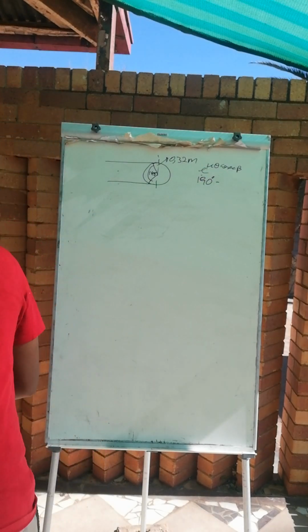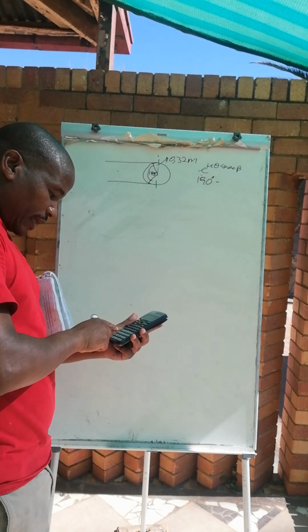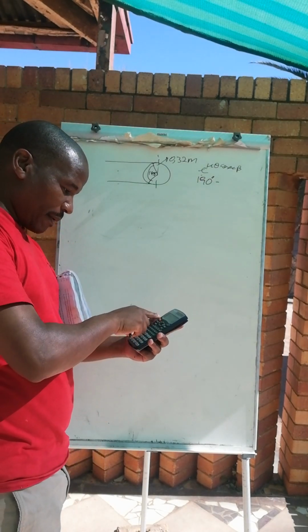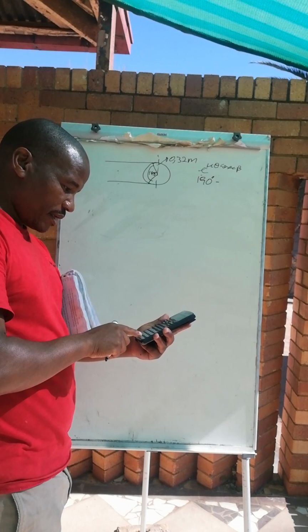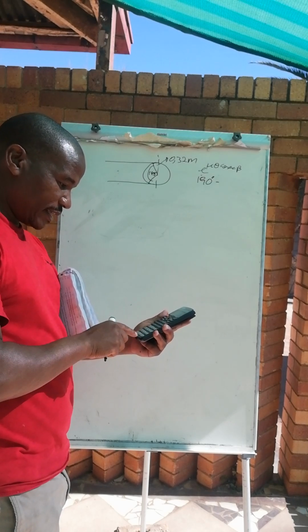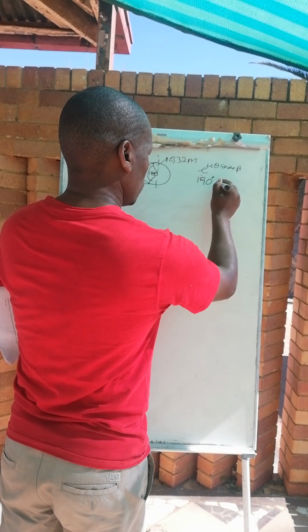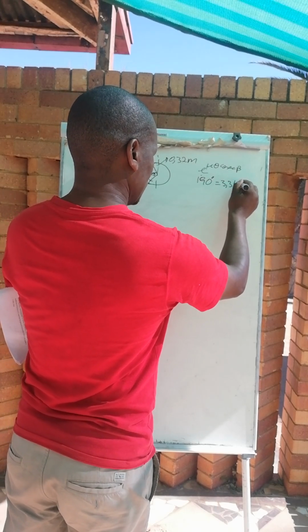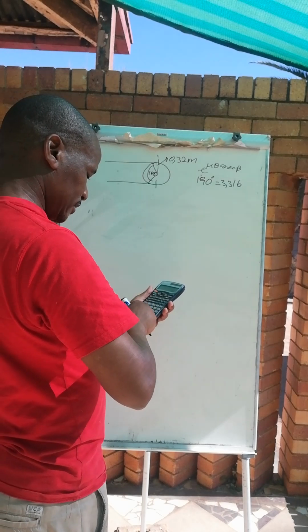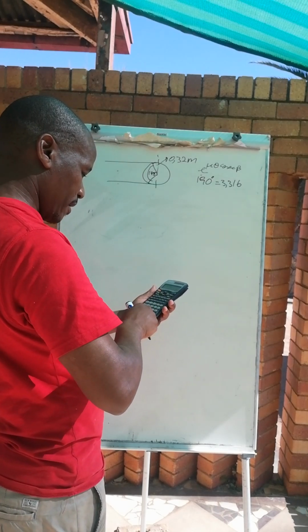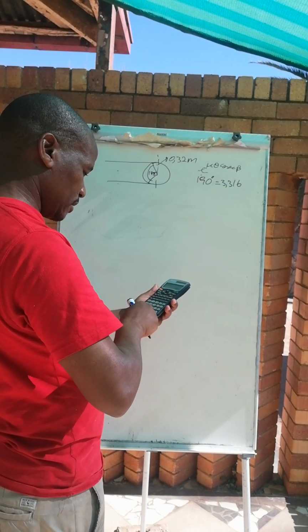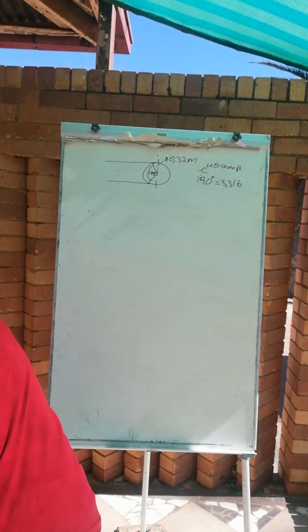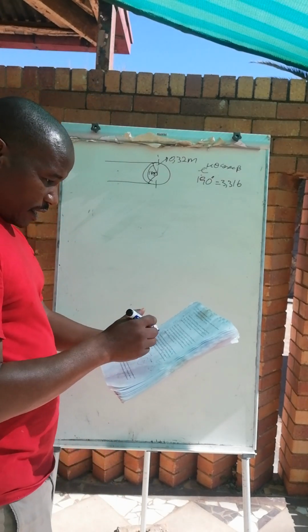It's equal to 190 multiplied by pi, divided by 180, which equals 3.316.